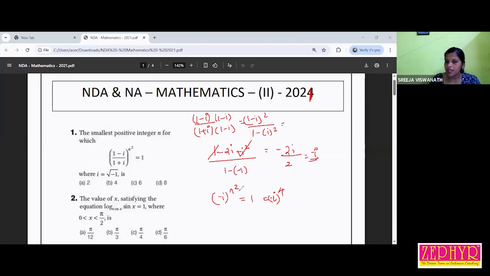So we can compare: the power n square is equal to 4, n equal to 2. Positive integer, that is n is equal to 2. Clear? Everyone, is it clear? Yes.